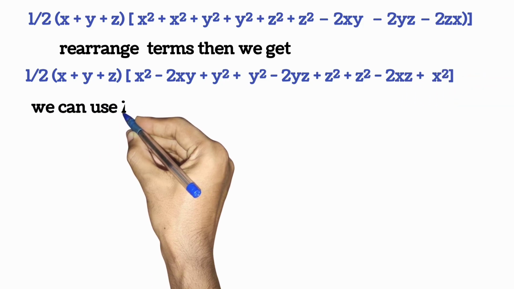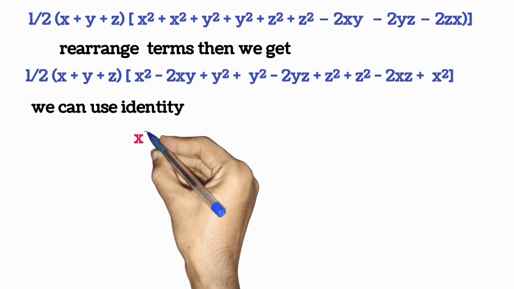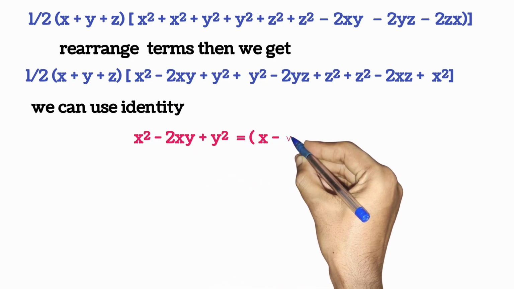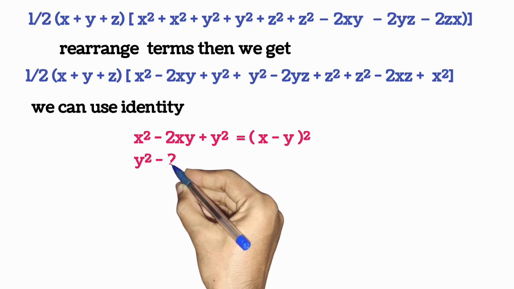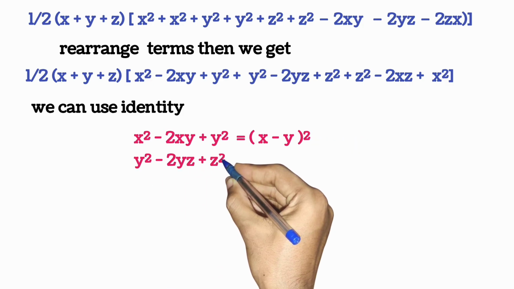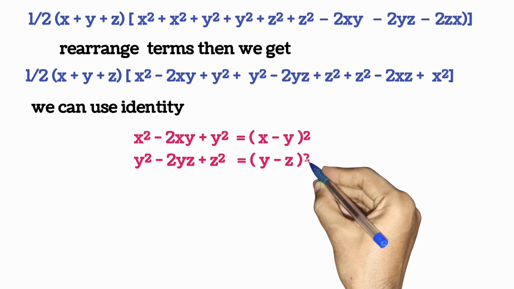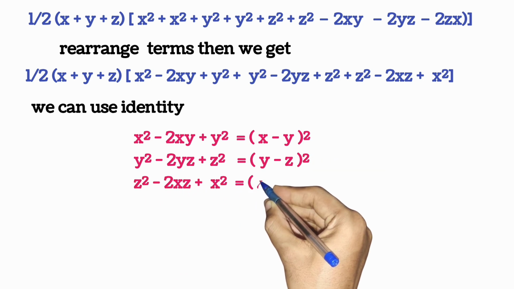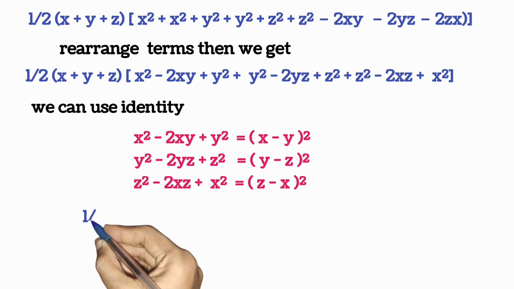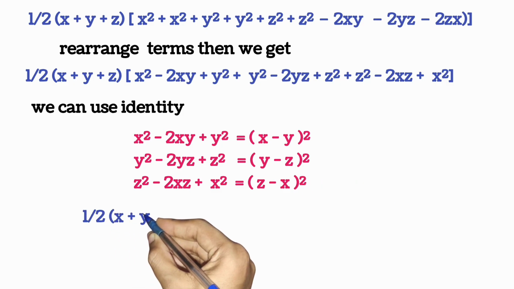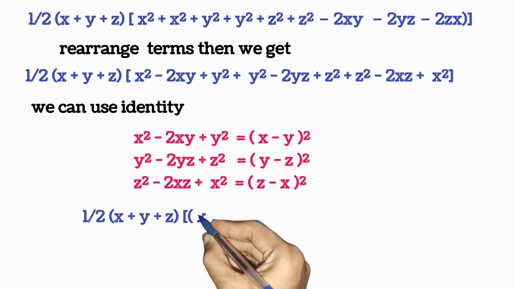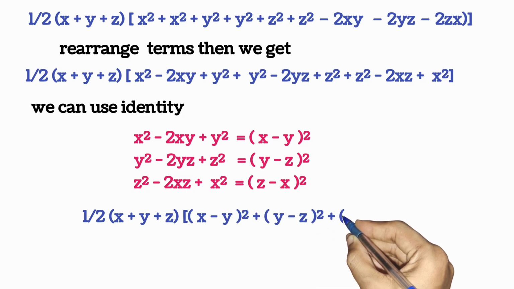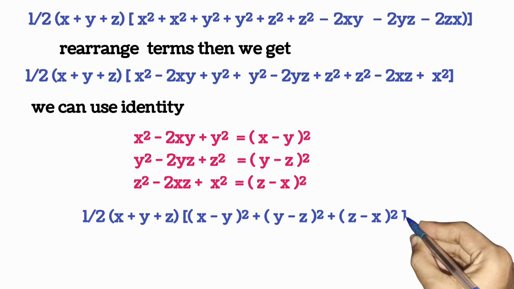We can use the identity x² − 2xy + y² = (x − y)², y² − 2yz + z² = (y − z)², and z² − 2xz + x² = (z − x)². Then 1/2 (x + y + z)[(x − y)² + (y − z)² + (z − x)²].